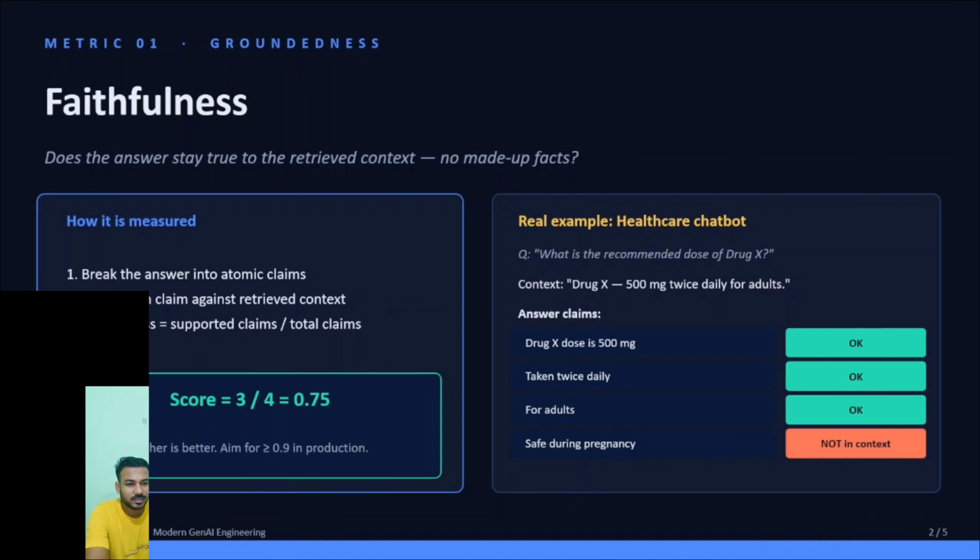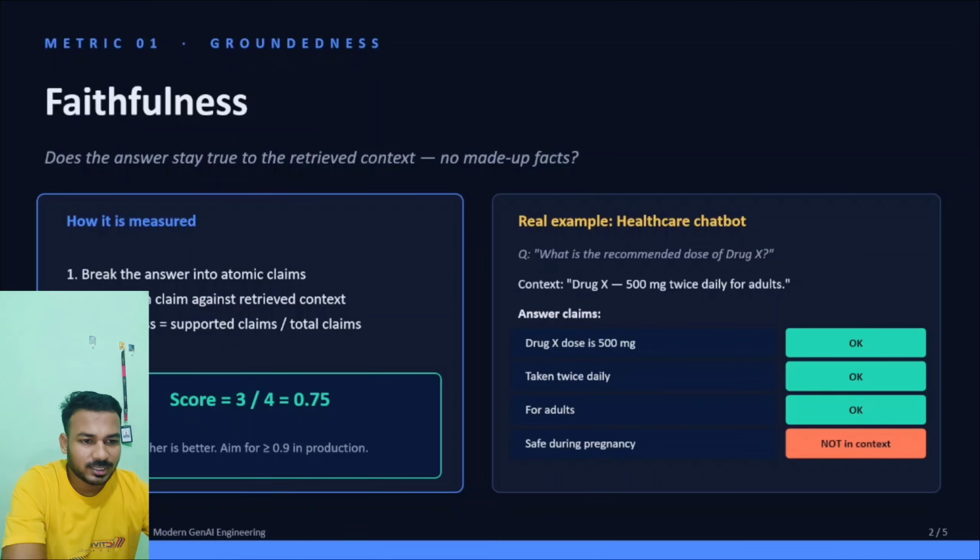So let's understand faithfulness. It checks: did the AI answer from the retrieved context, or from the provided context? Let's say, for example, you built a healthcare chatbot and the question asked by the user is, what is the recommended dose of drug X? The context provided to the RAG system was: drug X 500 mg twice daily for adults.